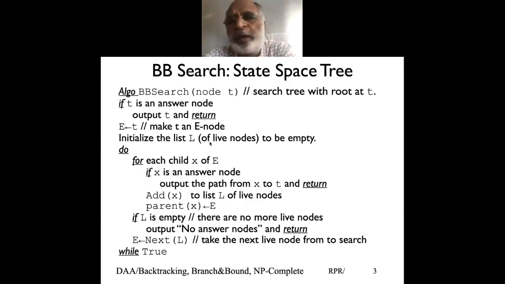Like if we're doing a knapsack problem, can we include weight 1 or not? We don't include the weight. Or if we're doing a job assignment, what can person 1 take: job 1, job 2, job 3. In the n queens problem, where does the queen move? So we have 8 possibilities. So for each child of the exploration node, if we reach a leaf answer node, we are done.